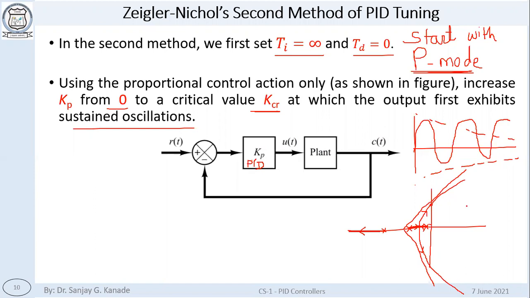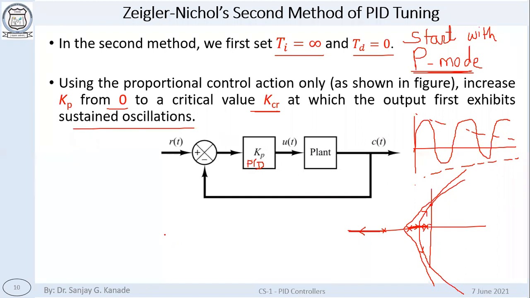So how did we do that at the time of root locus? We used the Routh array, right? We use the Routh array in that case, and similarly, we need to use the Routh array here also. From the Routh array, we get the value of Kcr, which makes the system marginally stable.